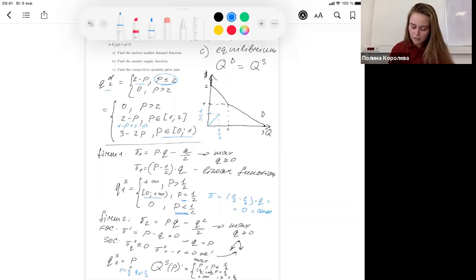Then quantity supplied by all firms will be any number from 1/2 to plus infinity, so it is a horizontal line if price is equal to 1/2. And quantity supplied is equal to plus infinity if price is greater than 1/2. That means that on the graph we cannot draw plus infinity.